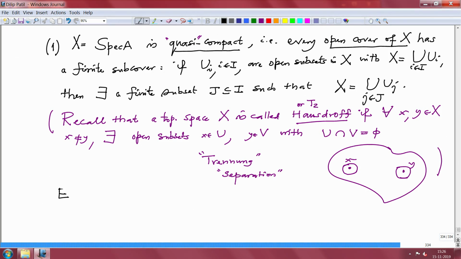So, example, suppose that A is an integral domain.